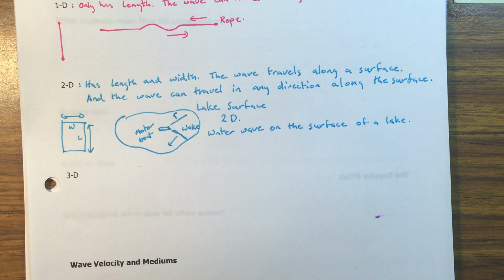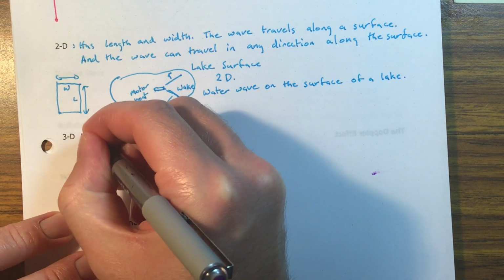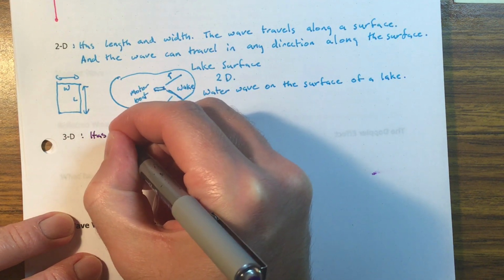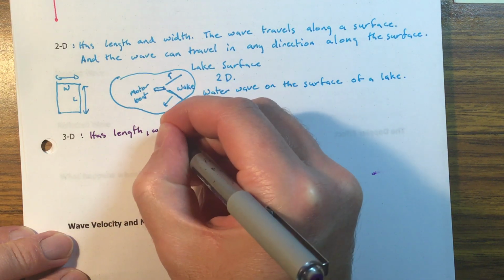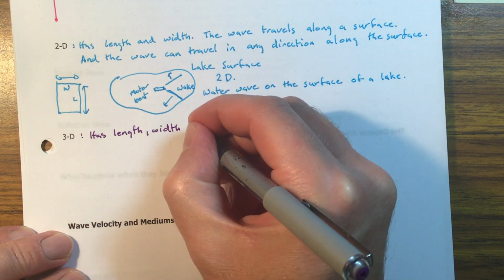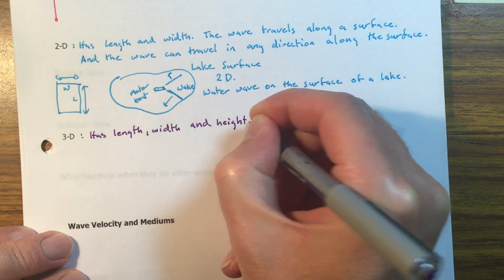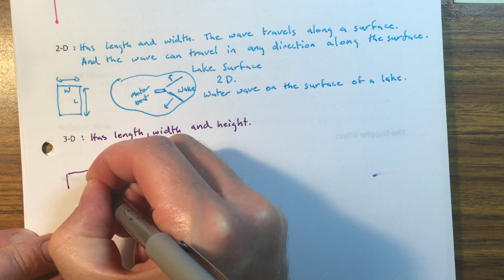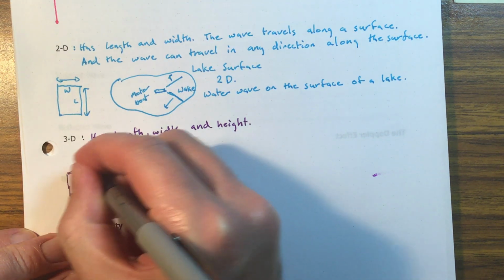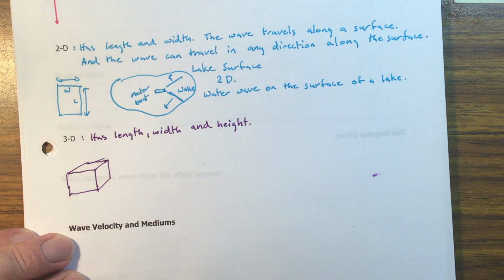A 3D wave has length, width, and height. So you think about it in a box. My beautiful three-dimensional cube.